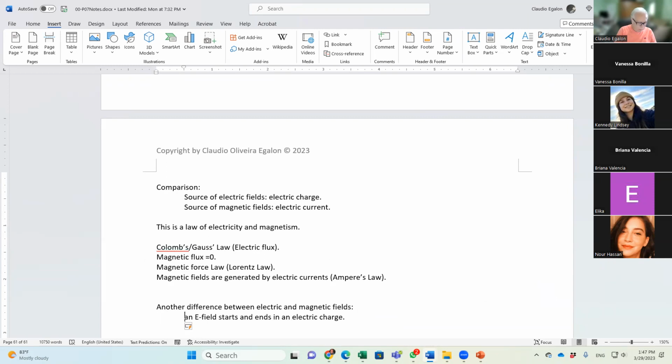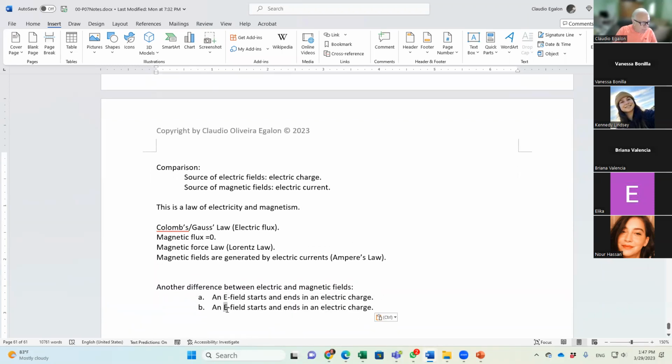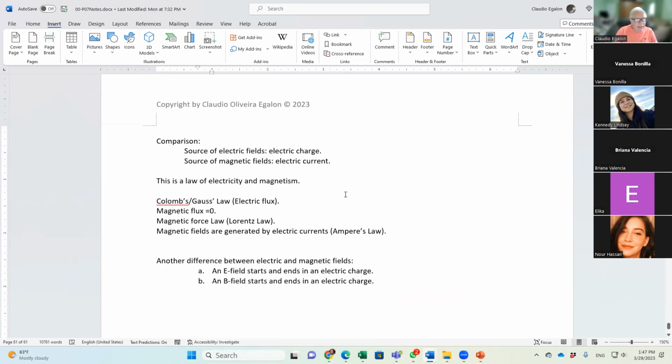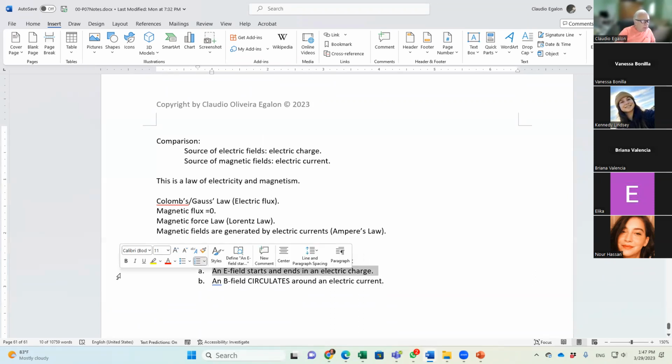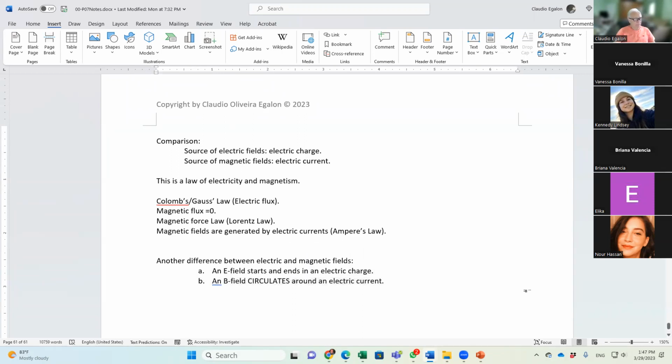You gotta remember that too. An E field, the charge. Instead, a B field doesn't start and end in an electric current. A B field circulates around an electric current. Can you remember that? That's part of Ampere's law, while the other is part of Coulomb's law. See the differences between electric and magnetic field?